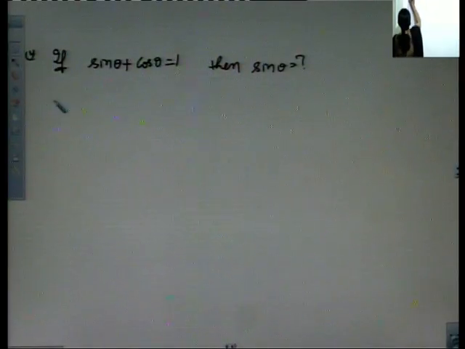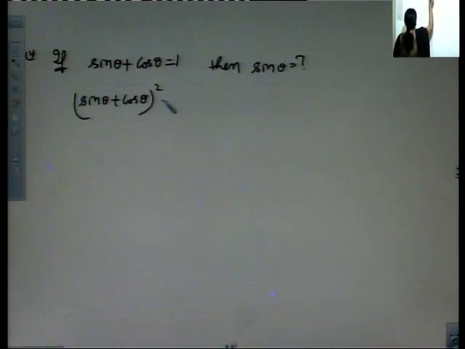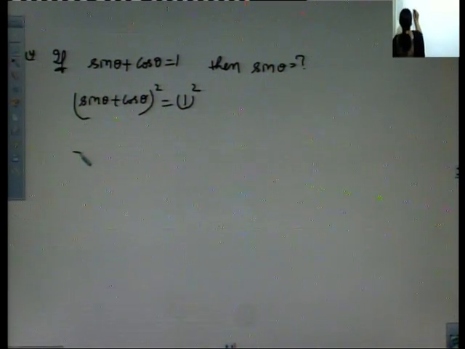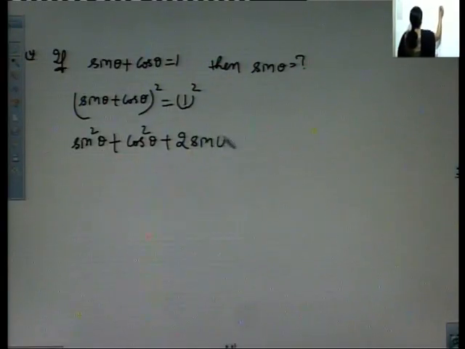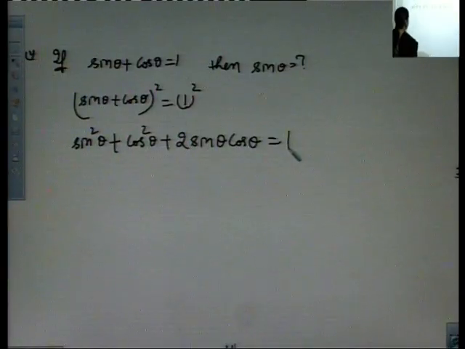Now, squaring both sides, we get (sin theta plus cos theta) square is equal to 1, and this will be equal to sin square theta plus cos square theta plus 2 sin theta cos theta is equal to 1.